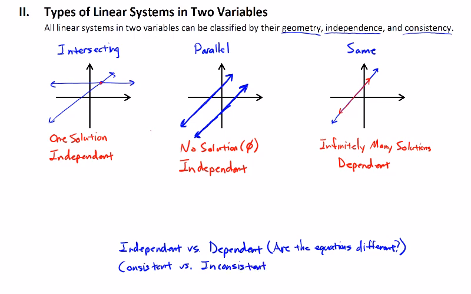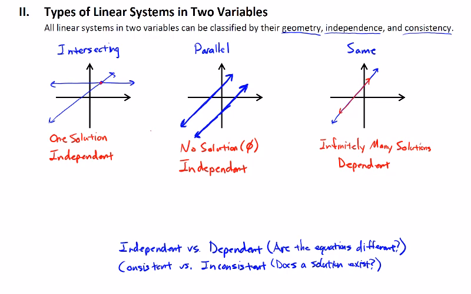Now for consistent versus inconsistent, we're going to be asking ourselves the question, does a solution exist? If your system has a solution, that could be one, 2, 3, 4, infinitely many, whatever. If it has a solution, at least one, it's considered a consistent system. If it doesn't have any solution whatsoever, then it's considered an inconsistent system.